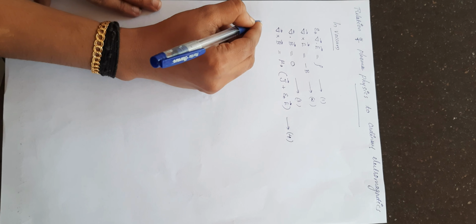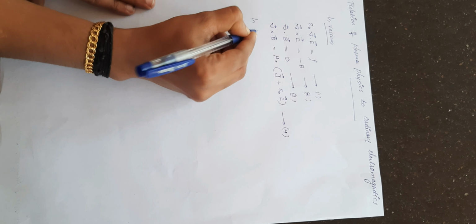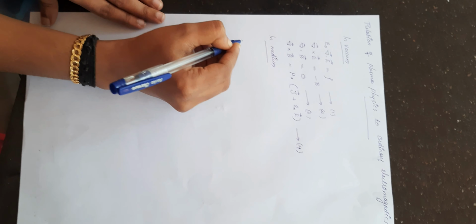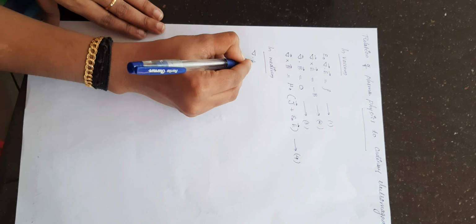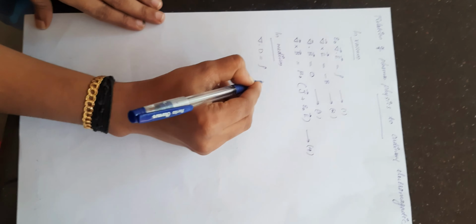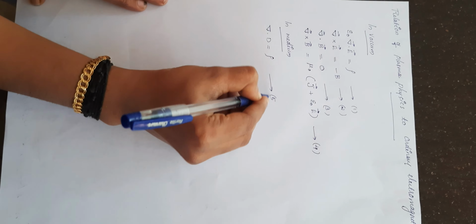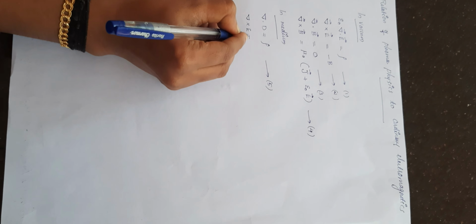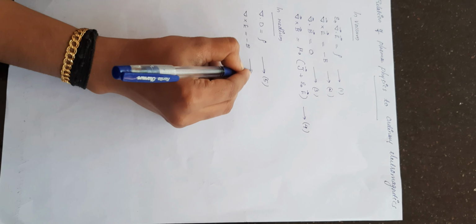In next മീഡിയത്തിൽ നോക്കാം. In medium, del dot D equal to rho. Del cross E is equal to minus B dot.